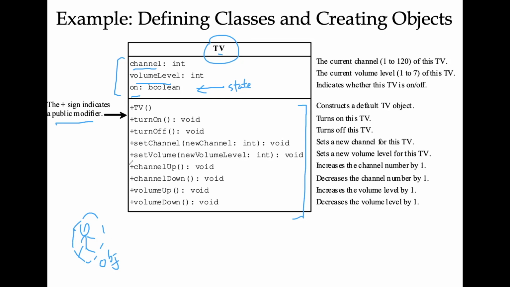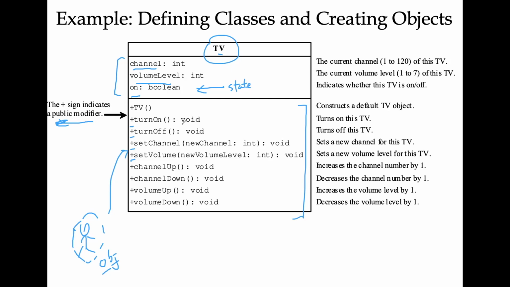And because this TV object, once constructed at runtime, has these publicly available behaviors, they could be used or invoked by an external object because they are public. If you were to turn this into private, then other objects won't be able to use it. This is slightly more advanced. We'll look at this when we study OOP in later videos.